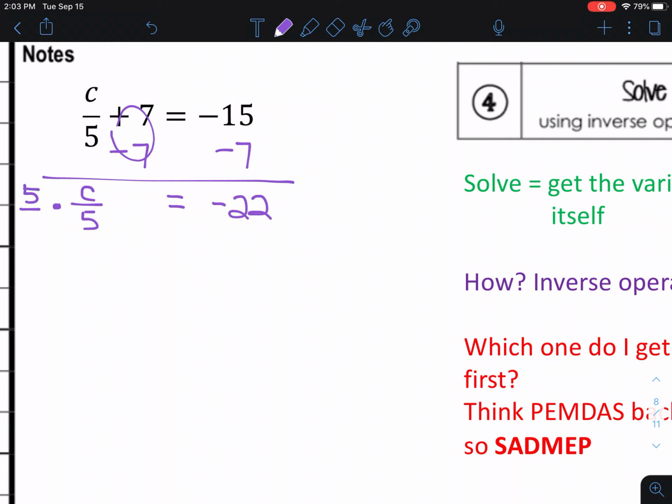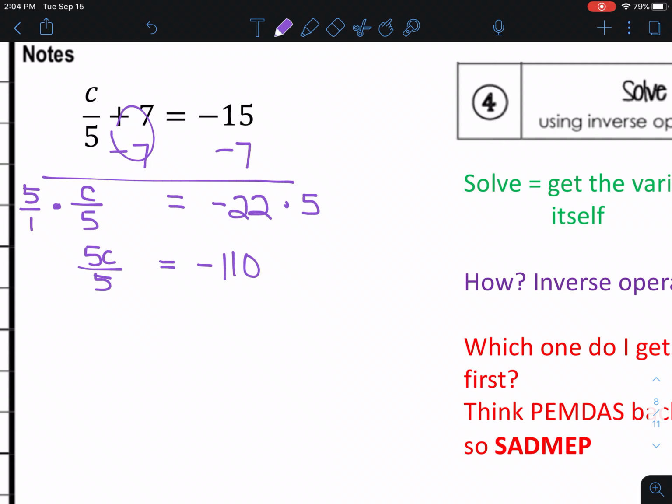You want to think of this as 5 over 1 if you want, however you want to roll with that. But then multiply by 5, and again, if you want to put it over 1, that's fine. But really what you have is 5c over 5 on the left, equals negative 110.